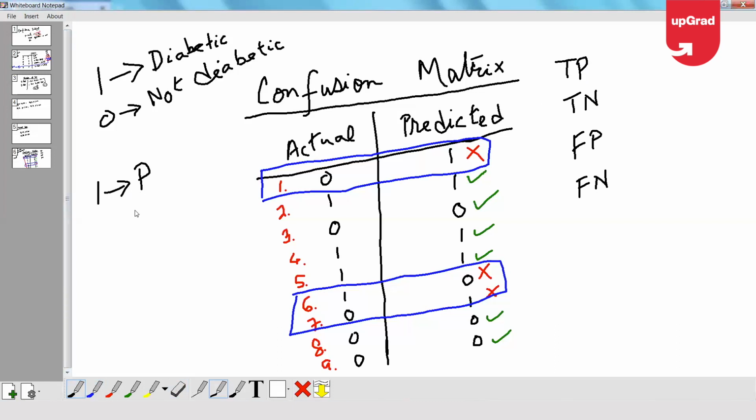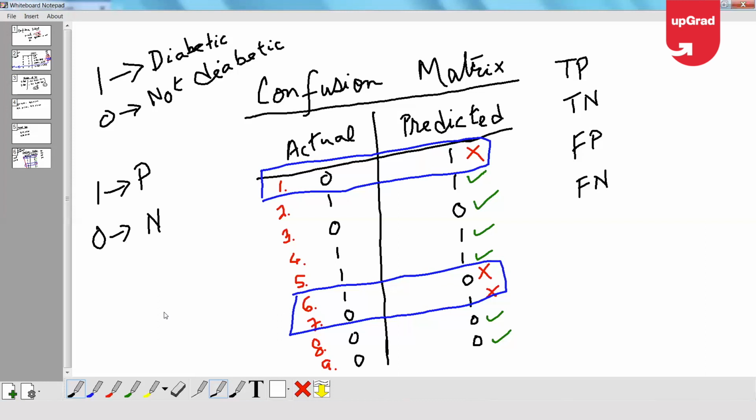So 1 is positive and 0 is negative, and that also makes sense: 1 is a positive prediction, 0 is a negative prediction.